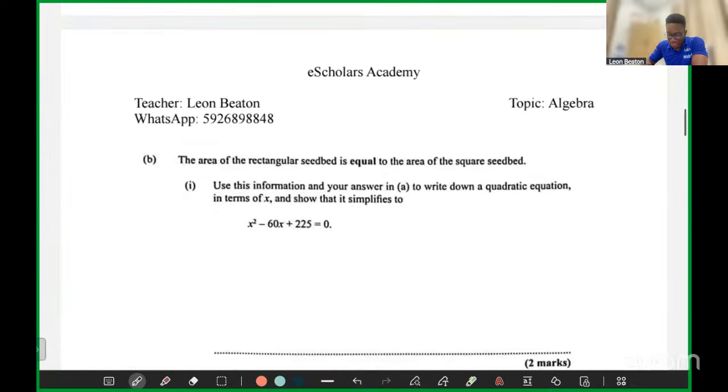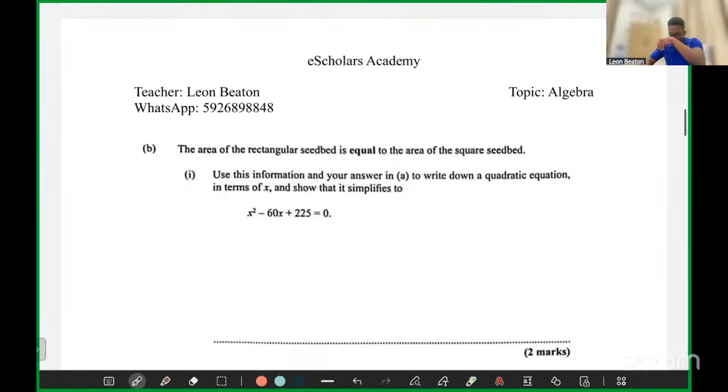So let's see what else it told us. It told us, use the information and your answer in A to write down a quadratic equation in terms of x to show that it simplifies to this answer here. So you're working towards this answer. Let me see, I forgot to read this top piece.